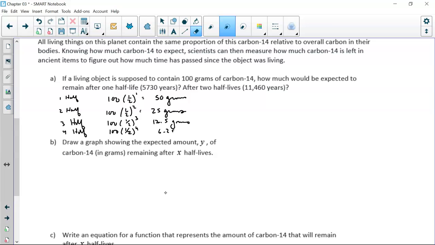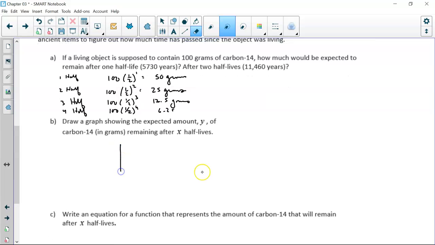So now if we think about graphing this, I'm going to draw a really quick graph. About 100, and then a 50, and then 25, and then 12.5, 6.25.